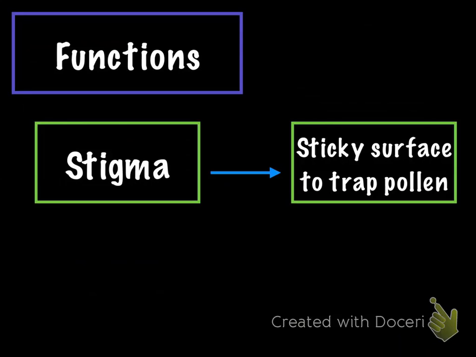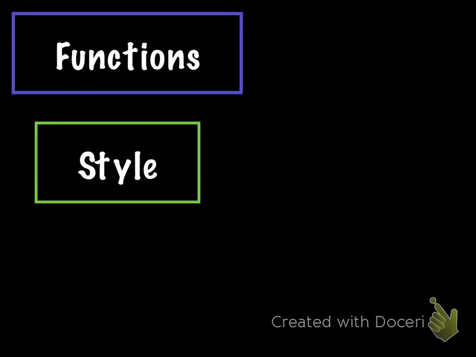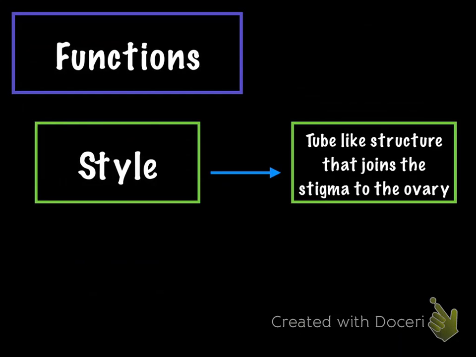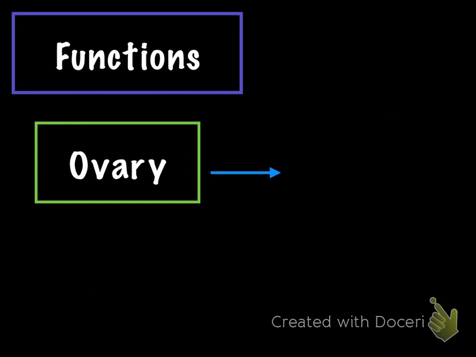Now, how about the stigma? The stigma is a sticky surface to help trap pollen. The keyword here is to trap pollen. How about the style? We remember, the style is a tube-like structure that joins the stigma to the ovary. You must remember this keyword, tube-like structure.